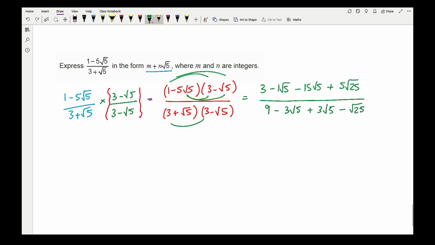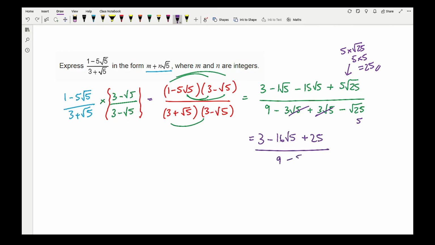So again, going on to simplifying both the top and the bottom. Now this is probably the one that I need to be careful of, because that's 5 times root 25, which is the same as 5 times 5, which is just 25. So what I've got is 3 minus 16 root 5 plus 25, and that's all over, these two things cancel, that's a 5, so it's going to be 9 minus 5.